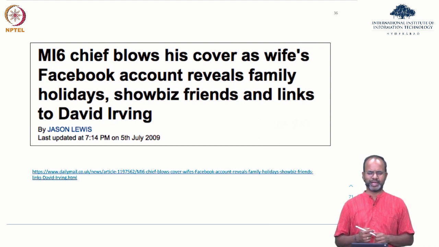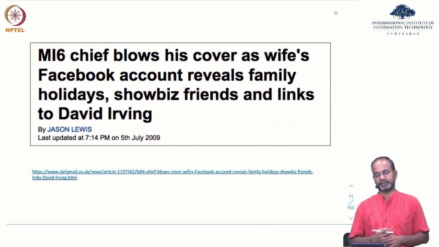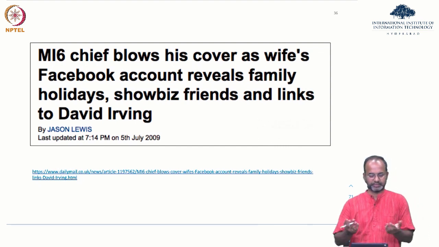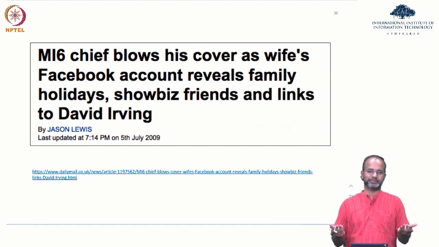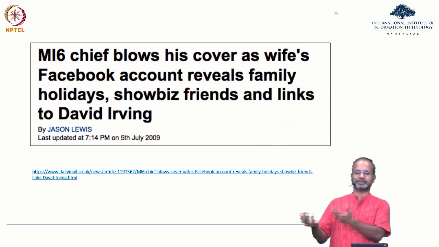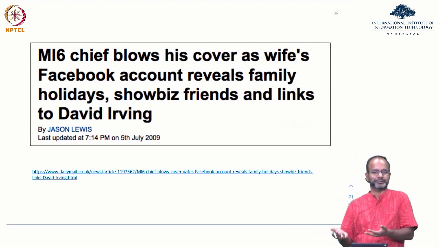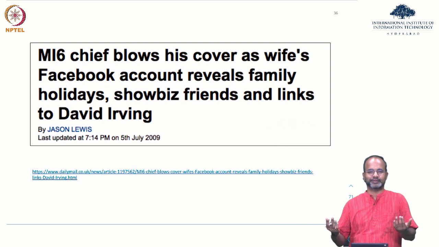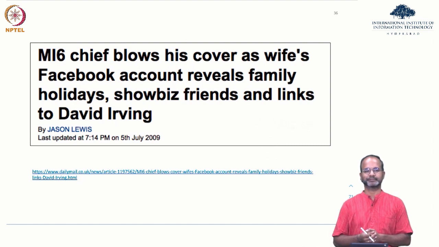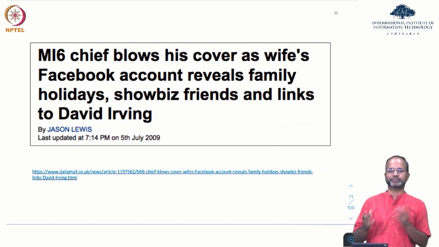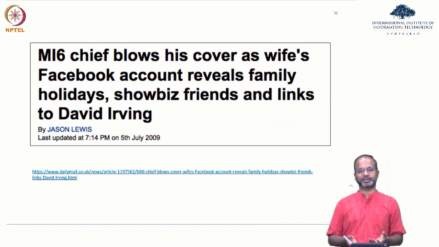He was supposed to take the MI6 chief role, but he did not take it because the spouse posted some pictures on Facebook which became public, pictures of people he was not supposed to be with, and that got attention, and he couldn't take the chief job.